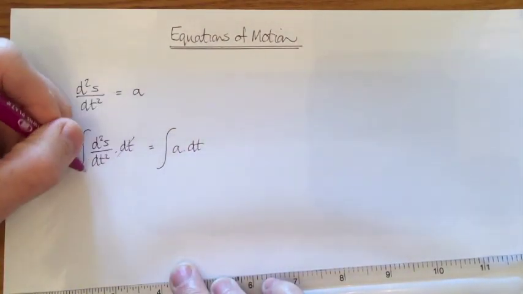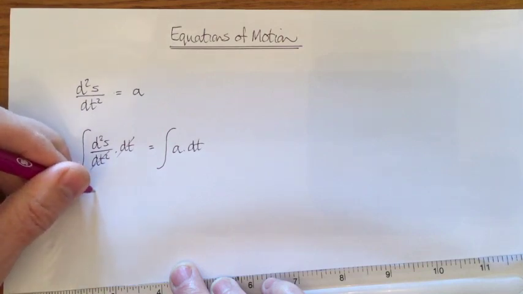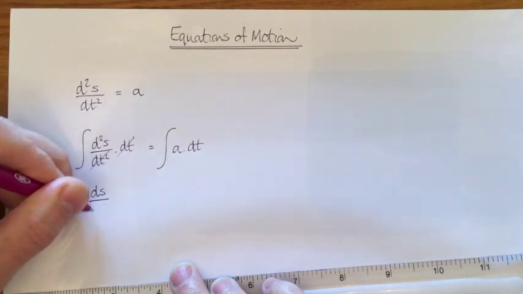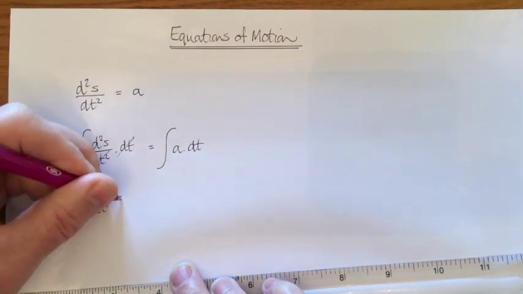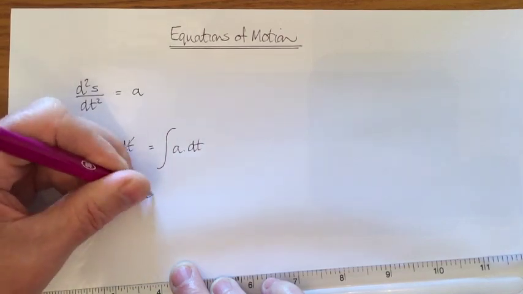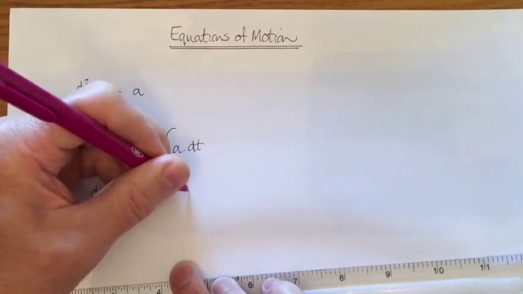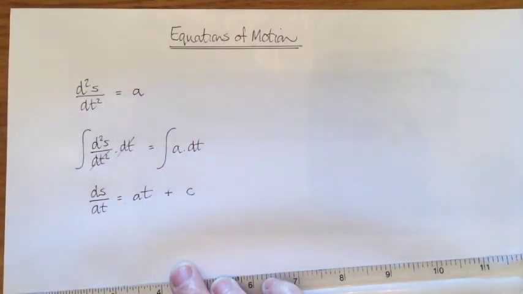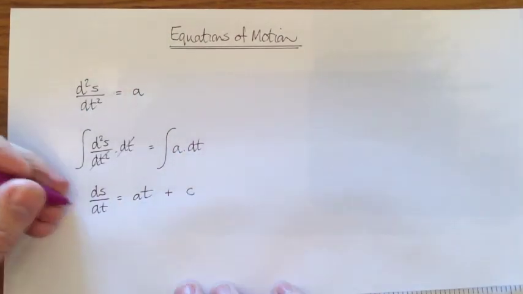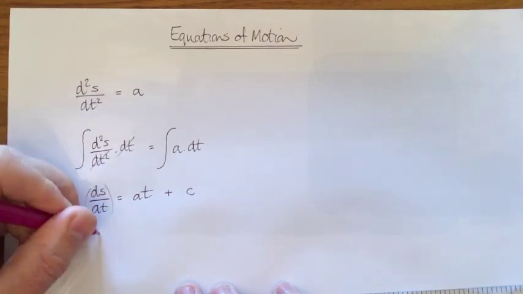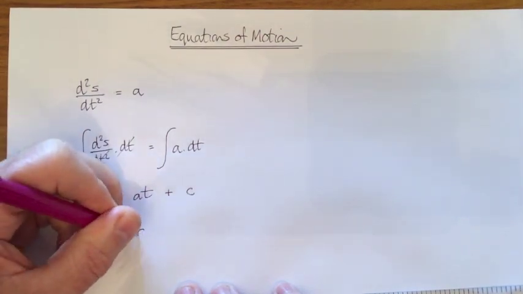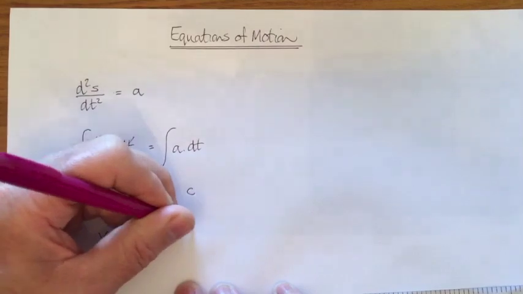Right, then one of these cancels with one of these, and we end up with ds by dt equals at. ds by dt, should have added a constant of integration there. Whenever you integrate, you always add a constant of integration. ds by dt is equal to v, so v equals at plus c.